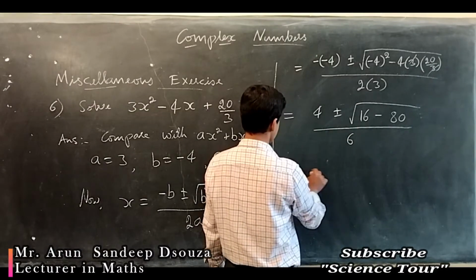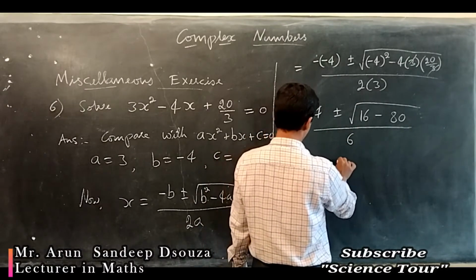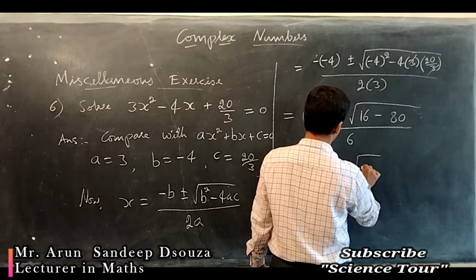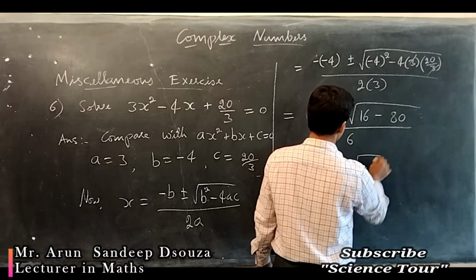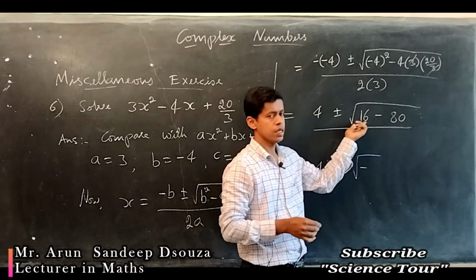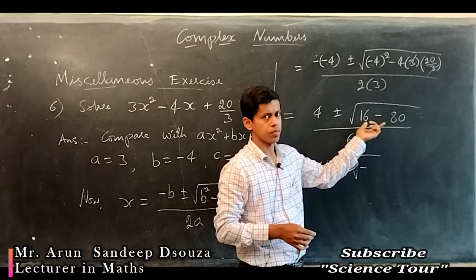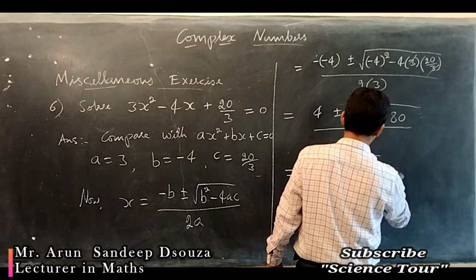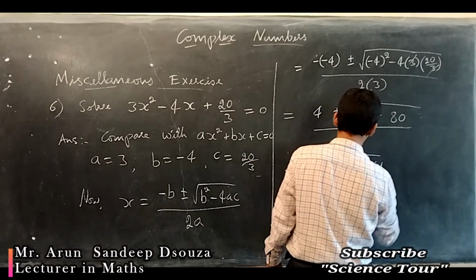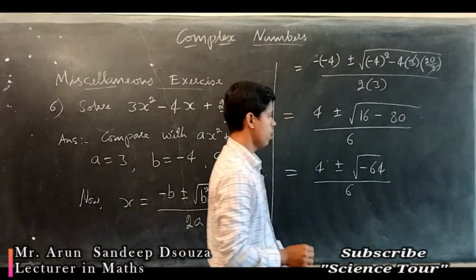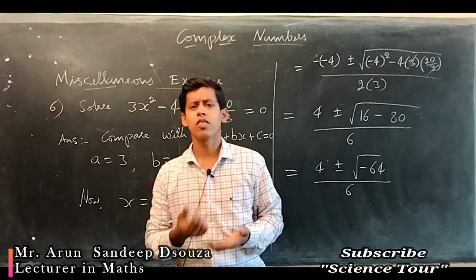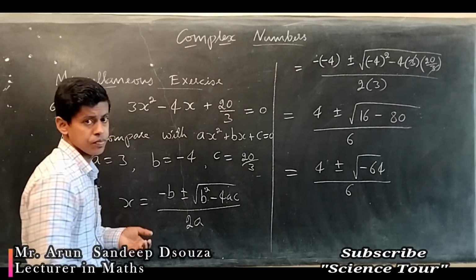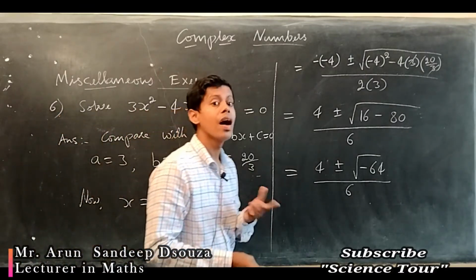So this is equal to 4 plus or minus square root of minus, see how much do we get? 80 and 16, 64. So this is minus 64 divided by 6. Now whenever you get square root of a negative thing, what do you do? Yes, you convert that in the form of i.